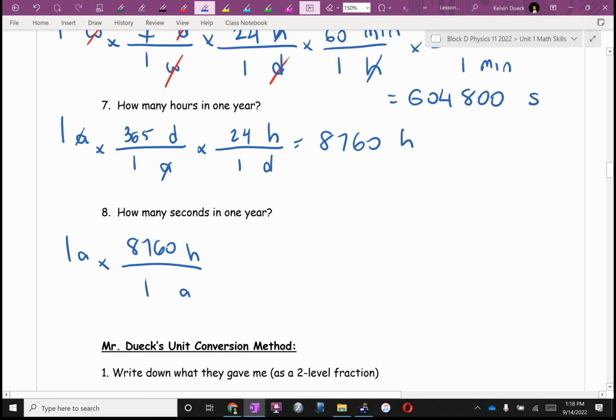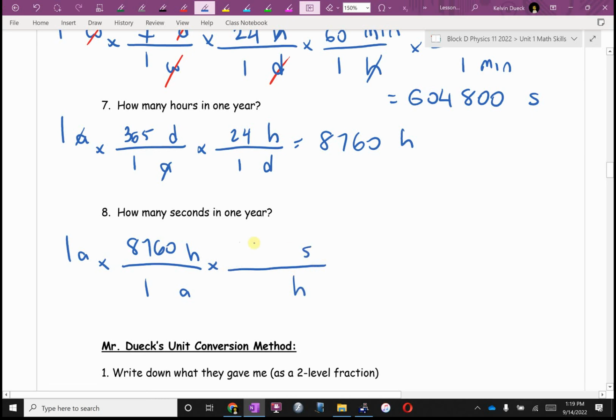Now, does anybody know how many seconds are in 1 hour? No, it's 60 minutes in 1 hour and 60 seconds in a minute. It might be worth knowing that there's 3,600 because it's 60 times 60. Let's try using that as a little shortcut.